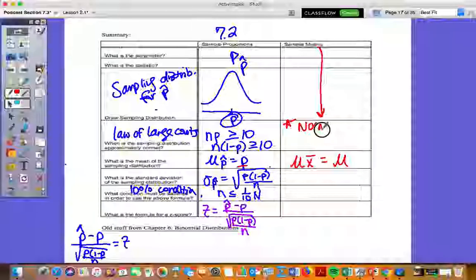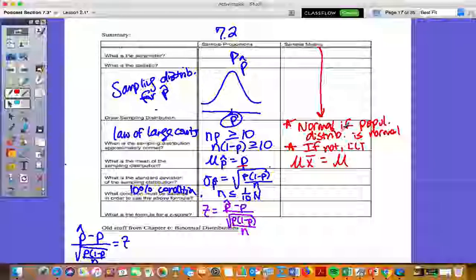If the population distribution is normal. Nicely done. Now, if it is not, this is where CLT comes into play. I don't want to confuse this, because the first part is not really a theorem, it is just fact.